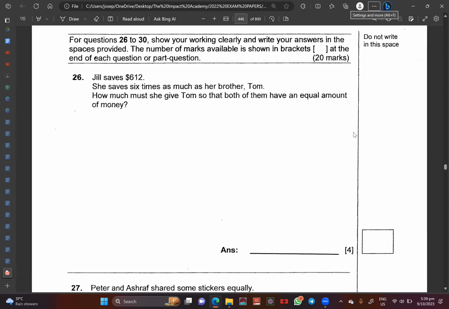Now, Jill saves $612. Correct? So what we are going to write down is Jill is equals to $612. Can you see that? Now, we read sentence number 2. In sentence number 2, it says that she saves 6 times as much as her brother Tom. Correct or not? Yeah. So we know it's 612 divided by 6.